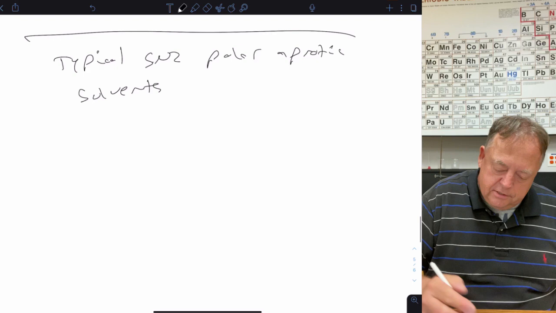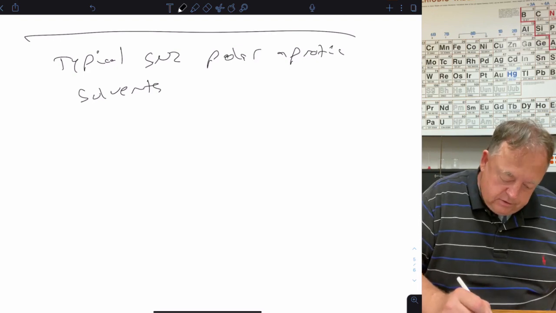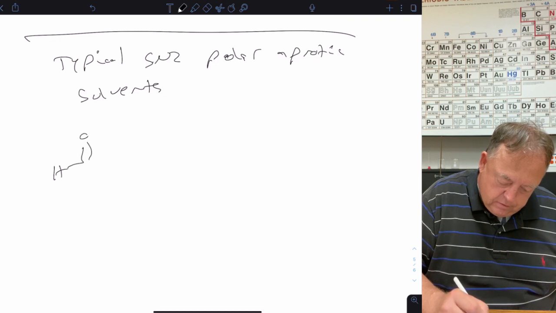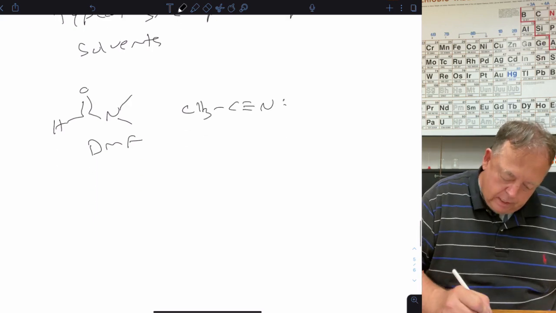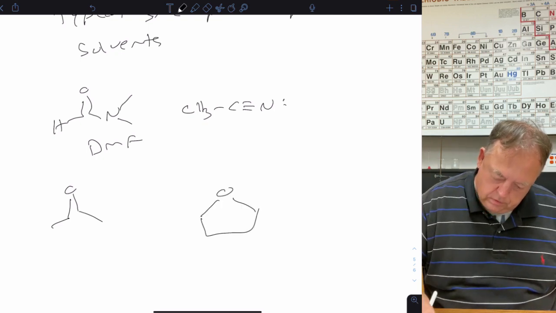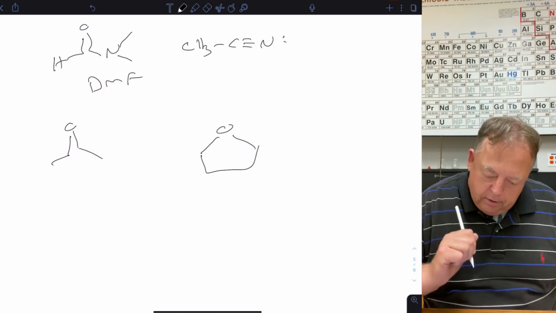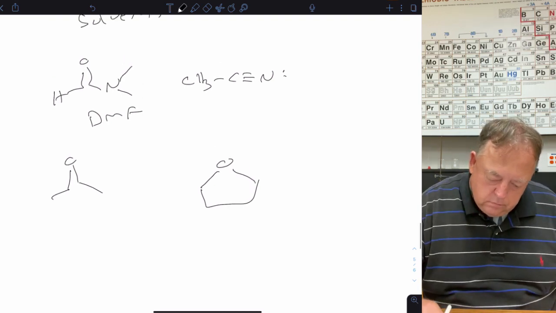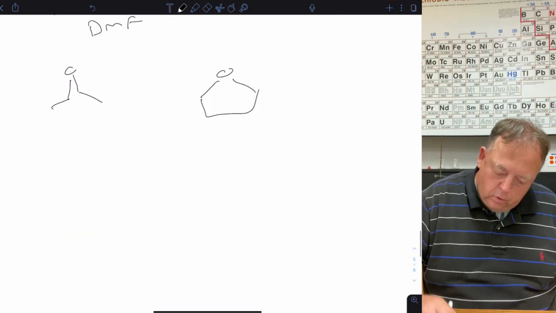Okay, so some typical SN2 polar aprotic solvents. So we saw DMF. So let me sketch them out and then we'll name them. Okay. Yeah, so this would be some typical polar aprotic solvents.